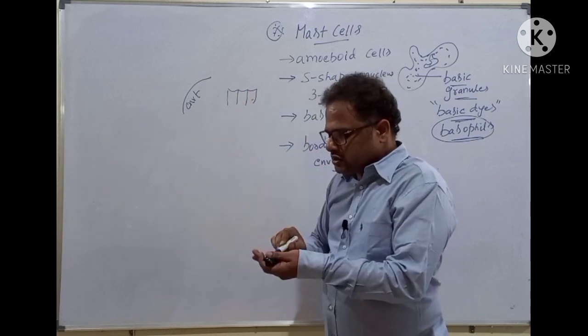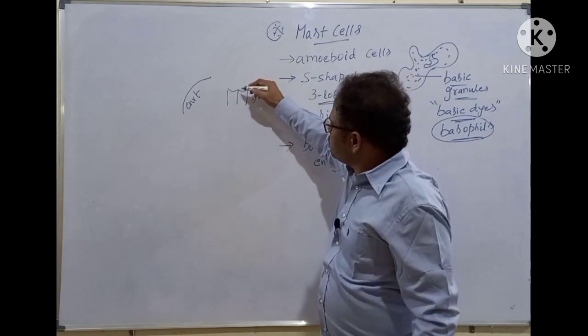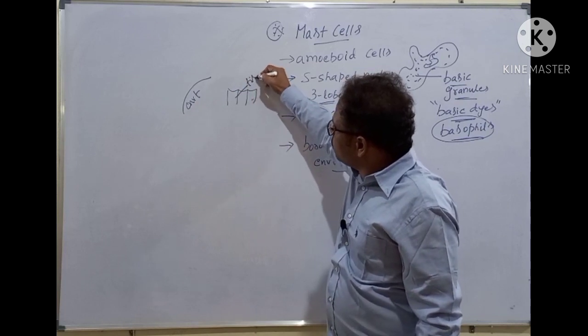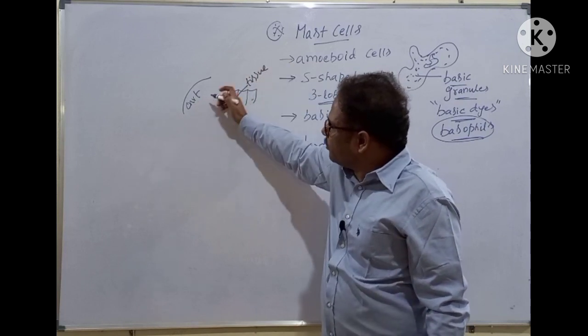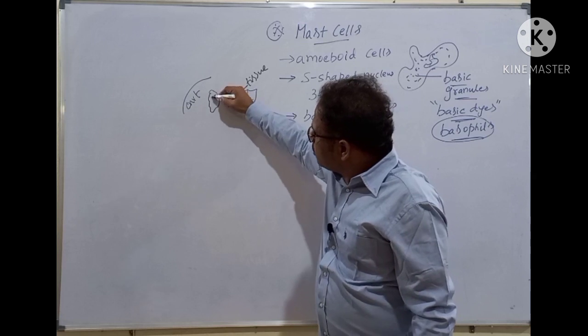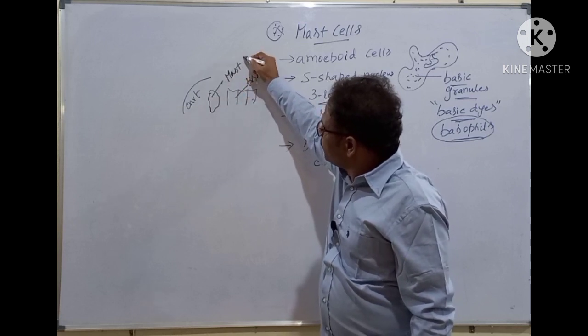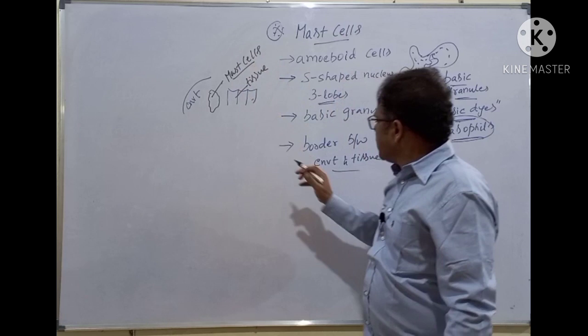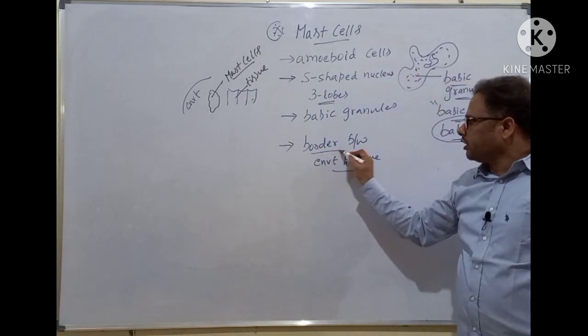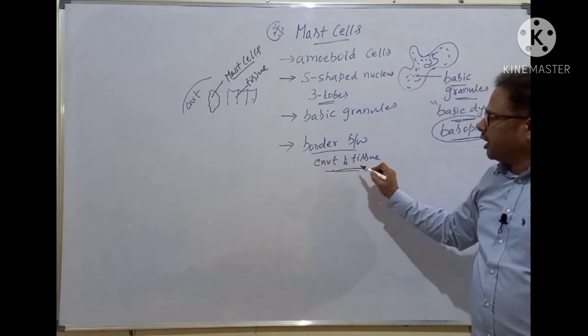This is a representation of tissue and this is a representation of environment. Here the mast cell is present always. That is, the mast cell is present at the border between the environment and the tissue.